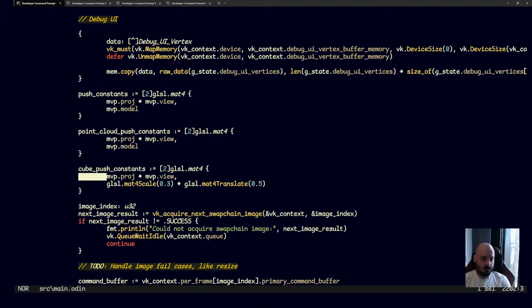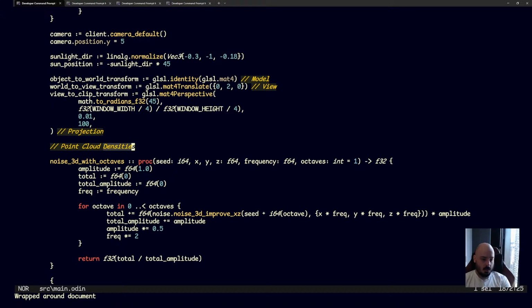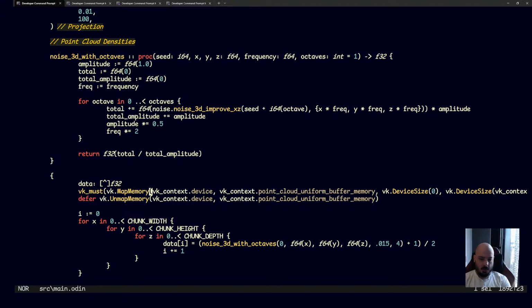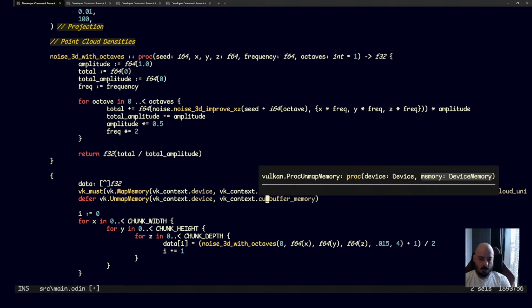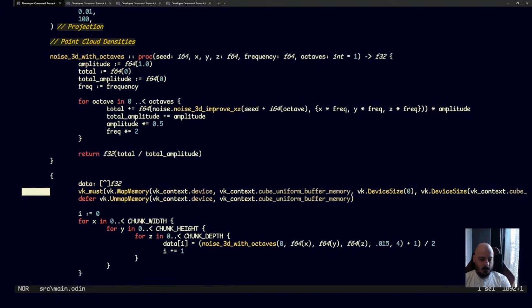This buffer, where we're updating the densities, where is it? Densities. It's being bound to the point cloud uniform buffer, not the cube. So yeah, that makes sense.